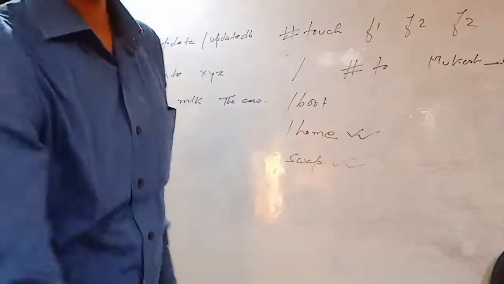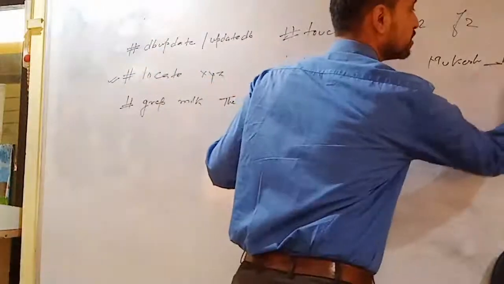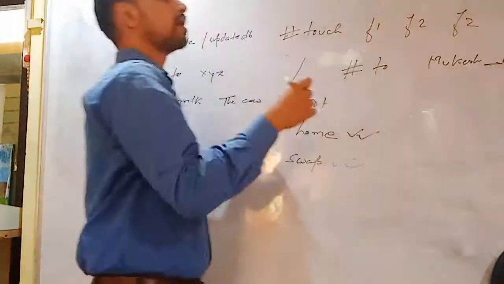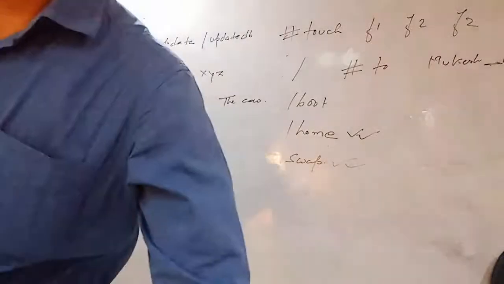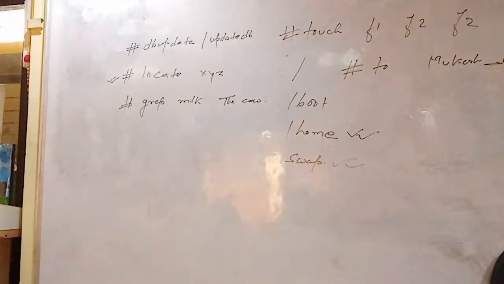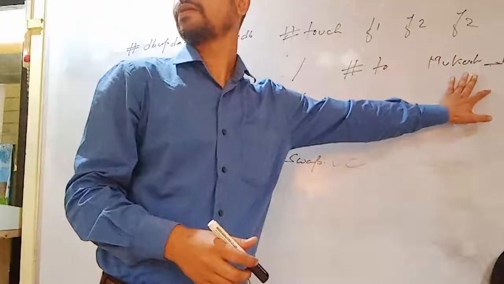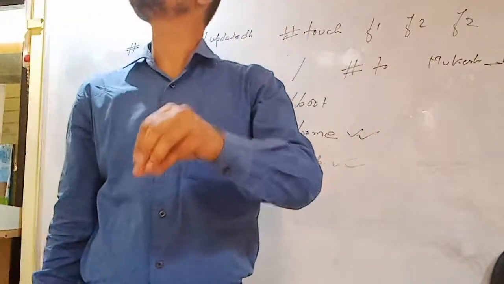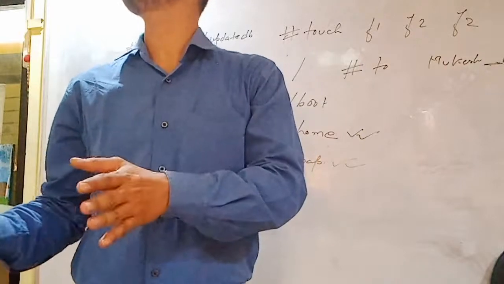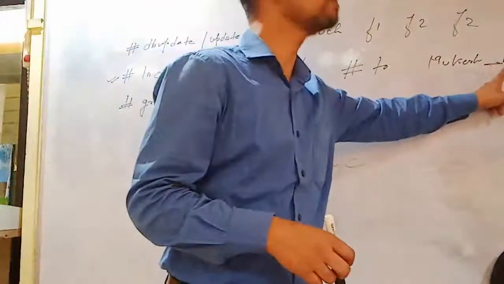Sir, we can use underscore also. Okay, fine, you can use underscore like this. But there is another option: you can create a file with a space also. You have to just specify a slash.